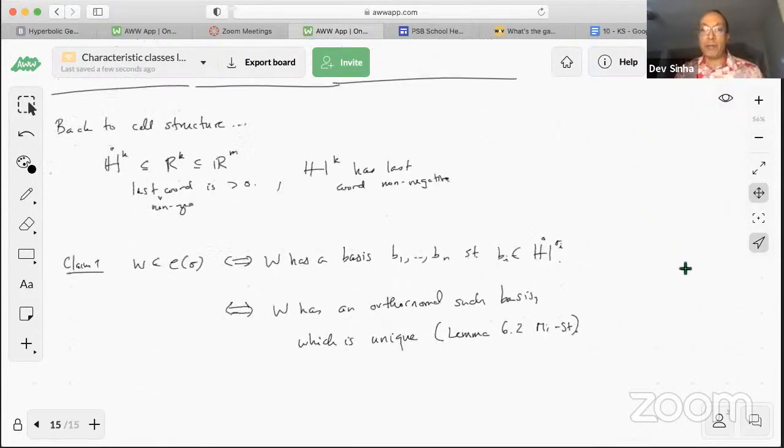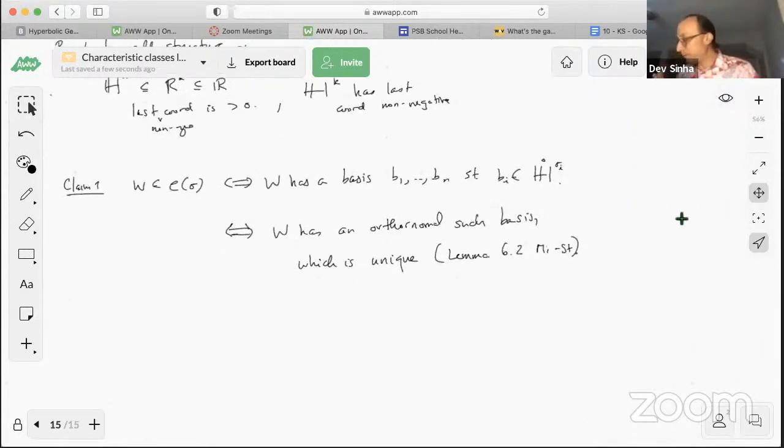But let's now think about the interior of the top cell. So I'm thinking about this sigma or this path. And what happens? In my second step, I've got a one-dimensional intersection.